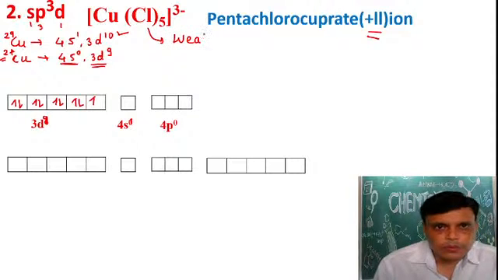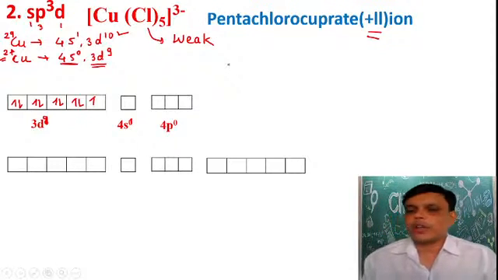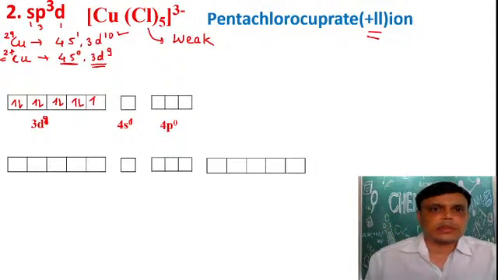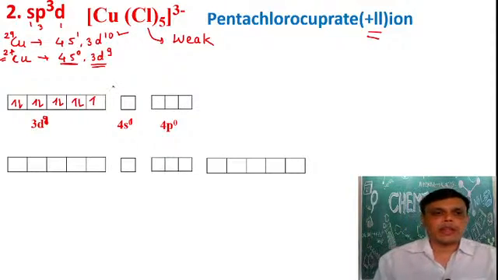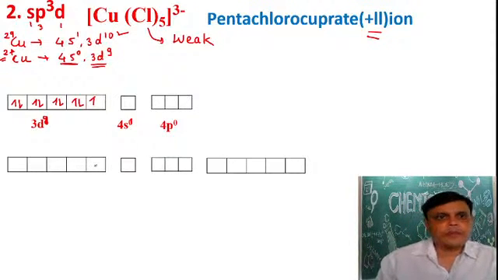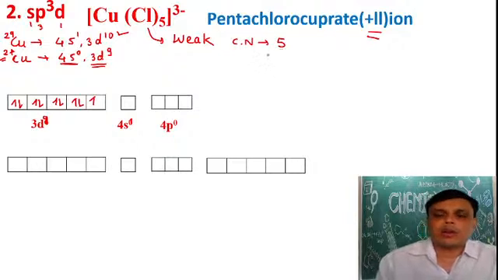It is a weak ligand, and when a weak ligand is present, pairing of the electrons will not take place. So what is the coordination number here? Here also the coordination number is 5. That means according to the first assumption you should have 5 vacant orbitals.